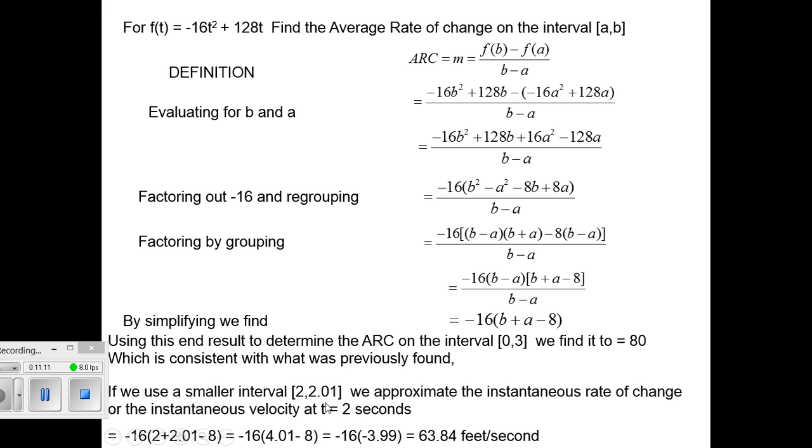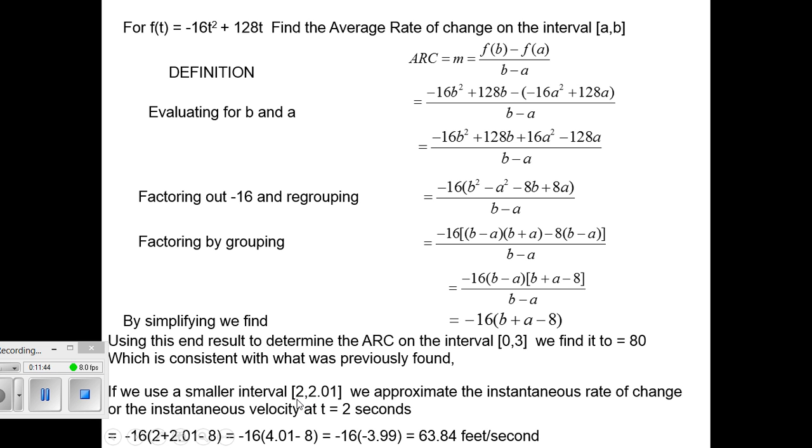And this is moving you towards an understanding of how in that course next year you'll be able to compute those things in a process called the limit. Okay, but for now, all we need to know is to be able to run through this series of computations, okay, and get a generalized formula for the average rate of change, and then if asked, okay, we can tailor it to a specific interval, regardless of how small.